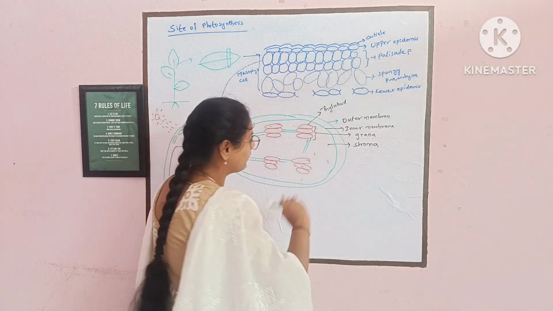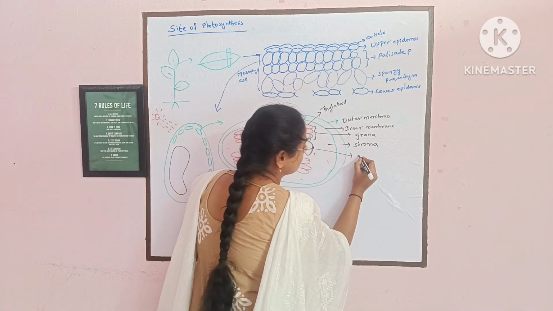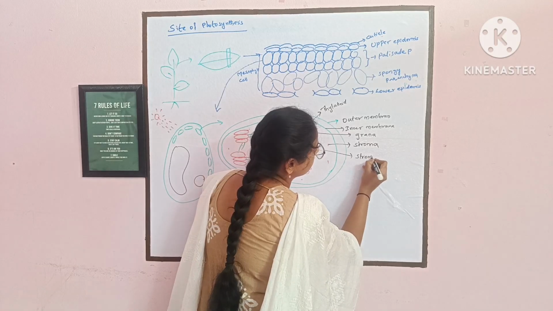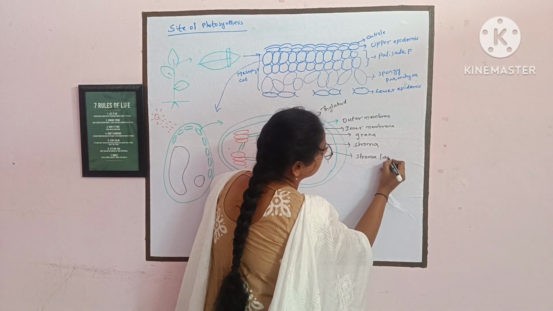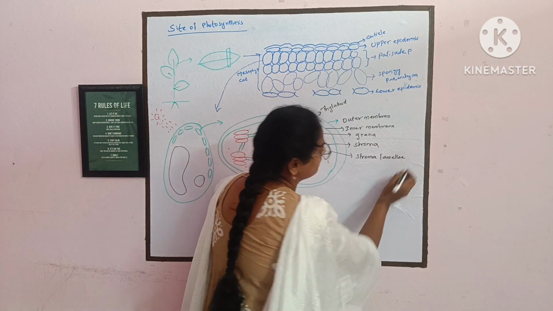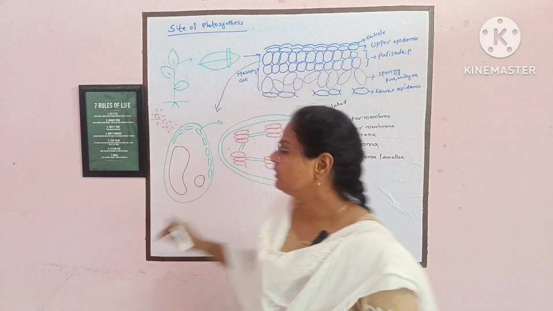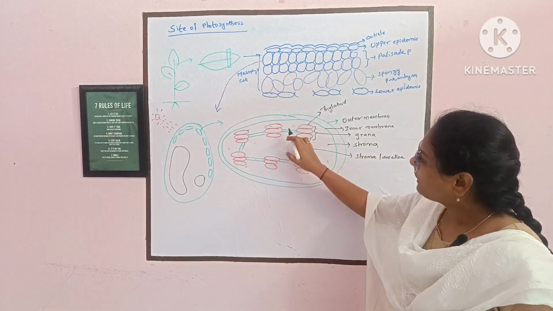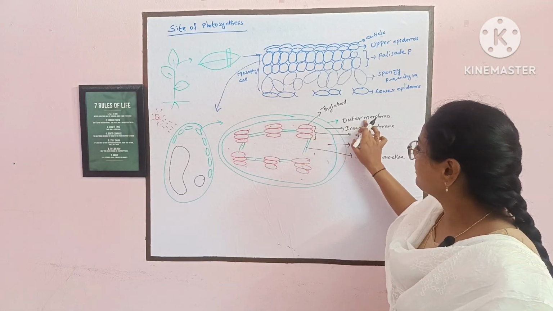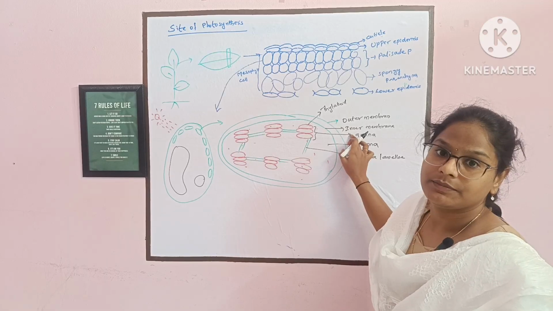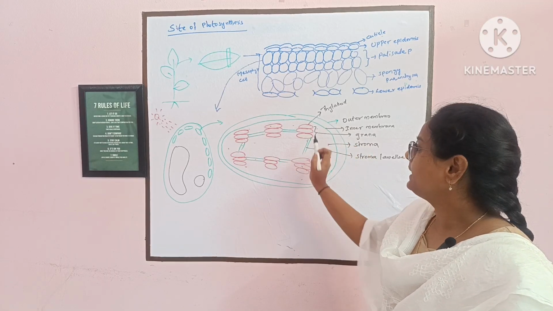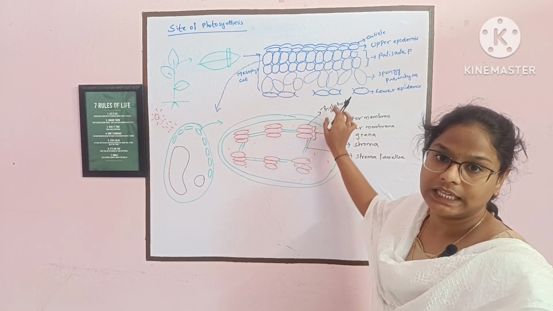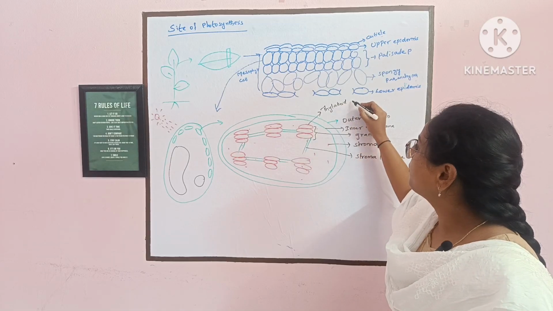Now this one is stroma lamellae. Okay, now see here, chloroplast contains an outer membrane and an inner membrane. Clear? Now it contains a sac-like structure called thylakoid. So this is very important.